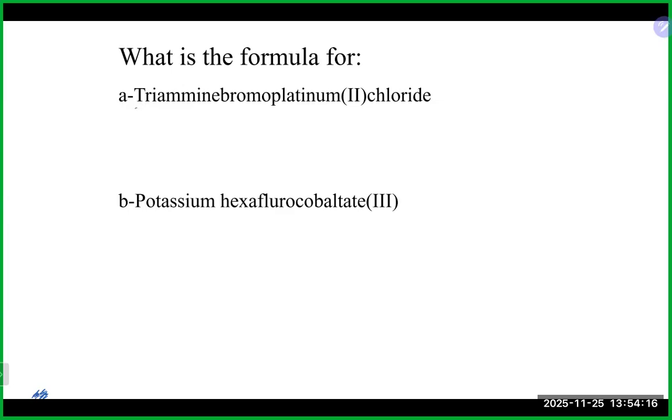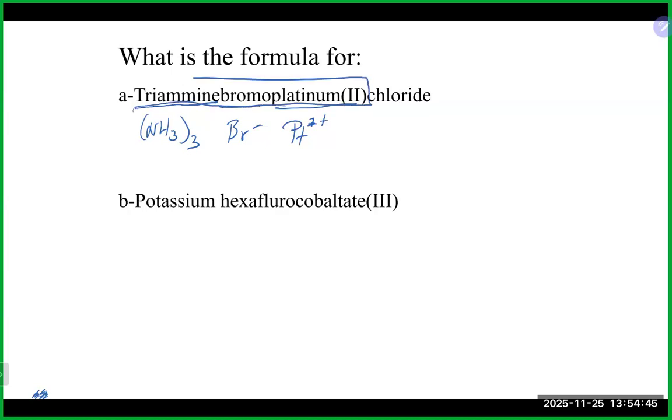We have triammine. Ammine is ammonia, so that's NH3, and tri is 3, so we've got 3 of those going on. We have bromo, which is Br minus. And we have platinum with a Roman numeral 2, which means we have a platinum, Pt, with a +2 charge. That is basically our complex ion part.